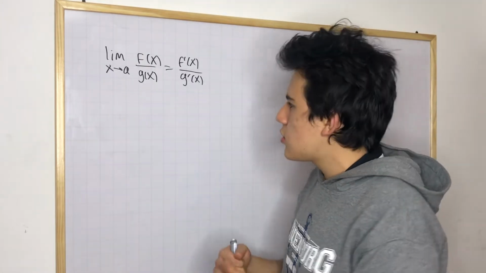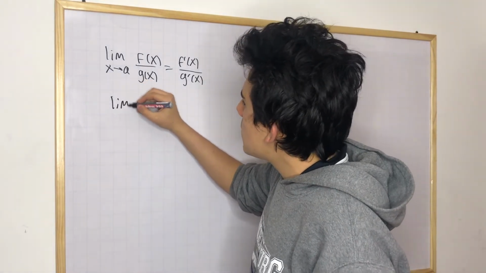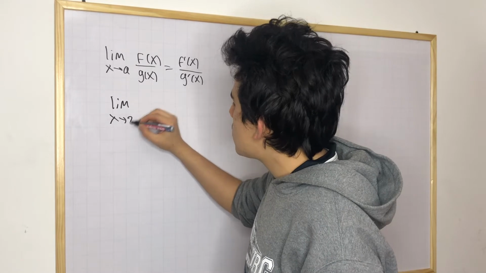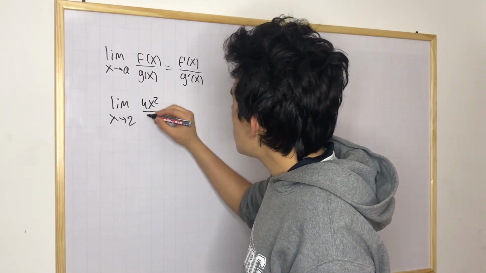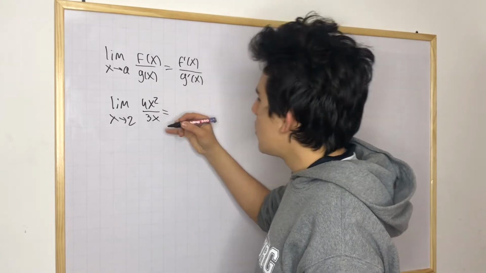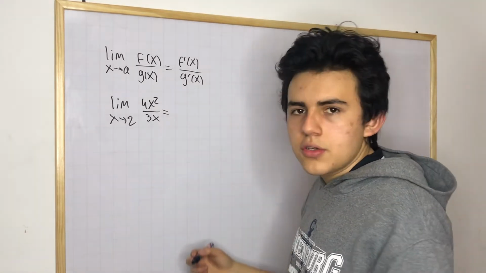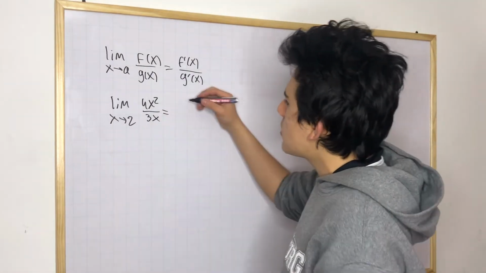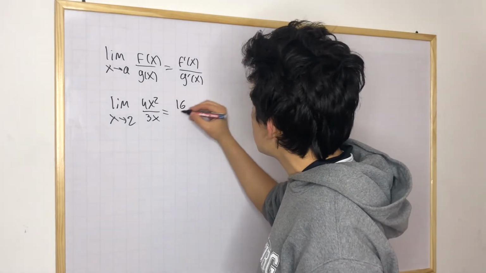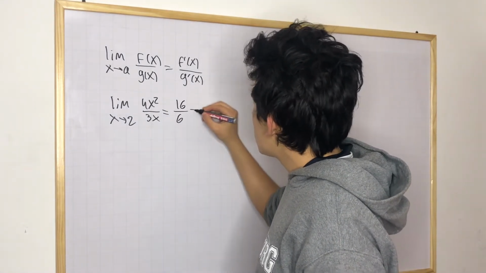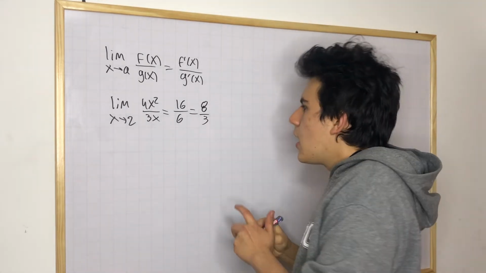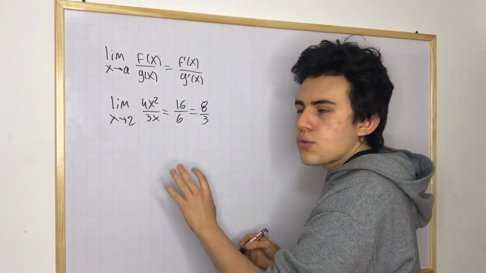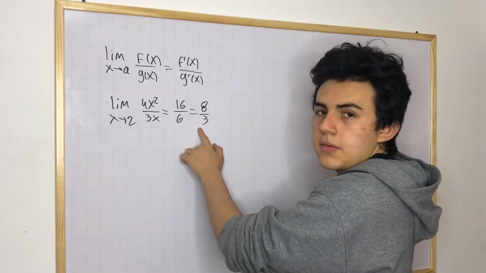So let's show that. If we have the limit as x approaches 2 for the function 4x squared over 3x, okay, you could even just divide that and see what you get, but in this case there is no indeterminate form. You're just gonna get 16 over 6, and this is just simply gonna be 8 over 3. Now if we used L'Hopital's rule in this case, we're not gonna get this value.